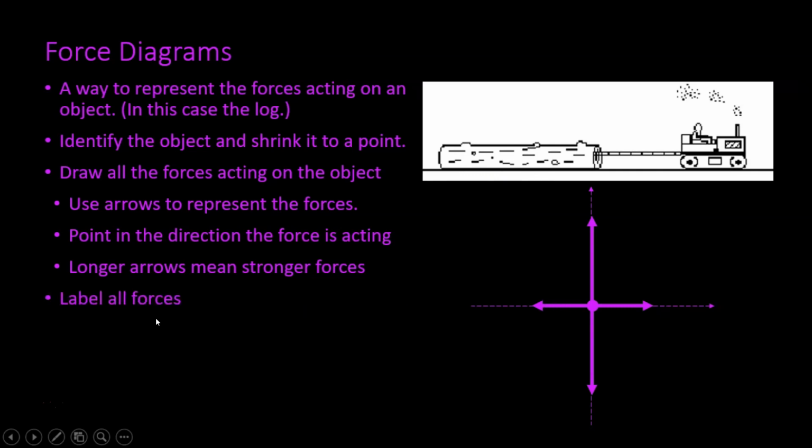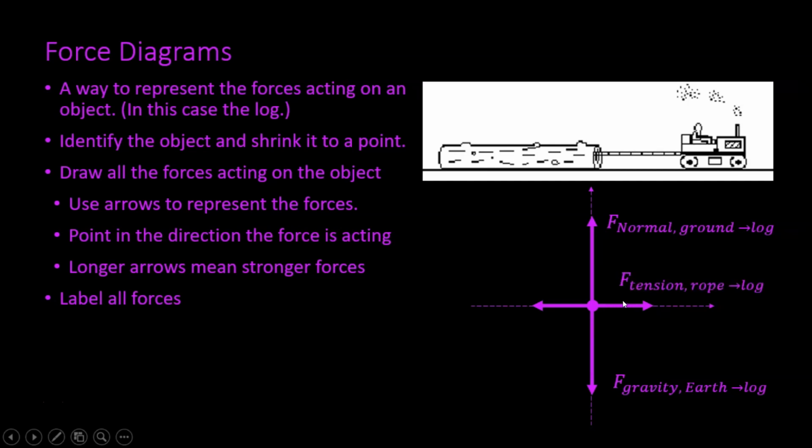Next, we want to label all forces using our force label template. So capital F for force, the type of force. It's a gravity force, and it's Earth's gravity pulling the log towards the center of the Earth. Now, let's look at this force. It's a normal force because it's two solid surfaces, the ground and the log, and the ground is pushing on the log.